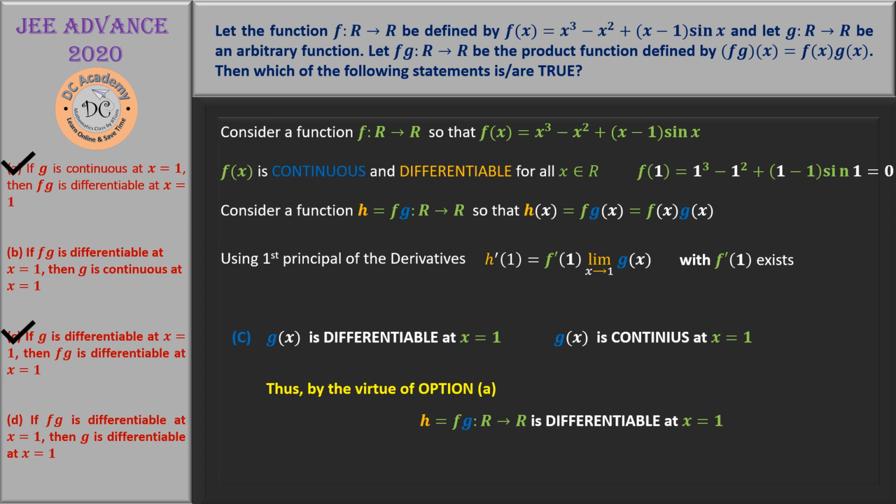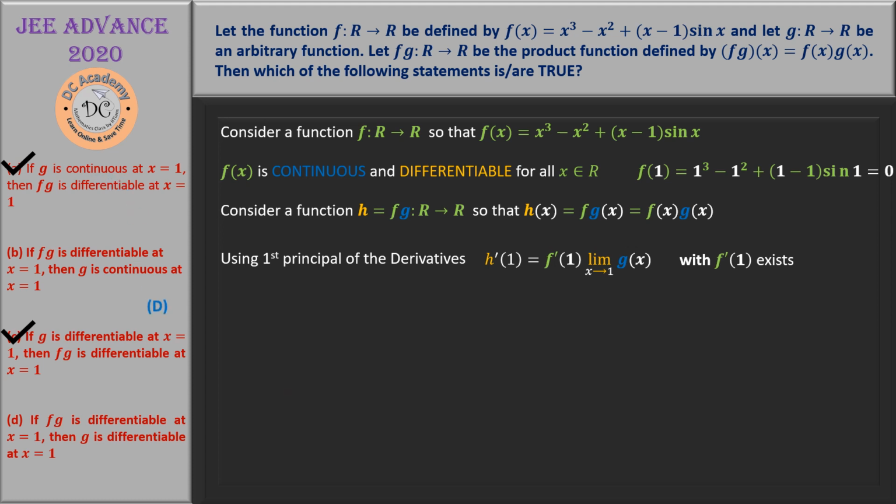Let's go ahead to the last option. Here it says fg is differentiable. If fg is differentiable at x equal to 1, we need to find whether g is differentiable.